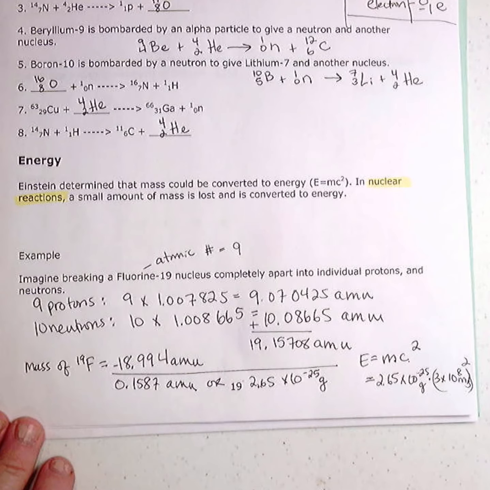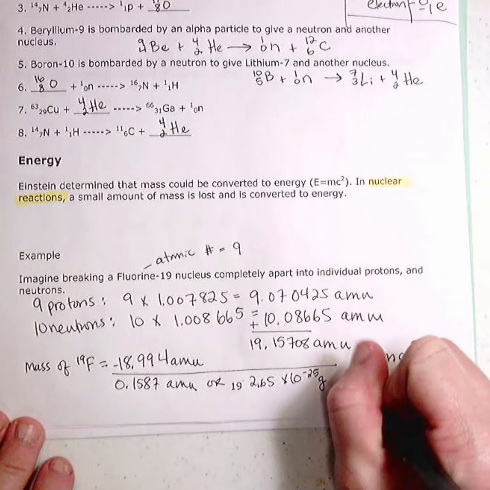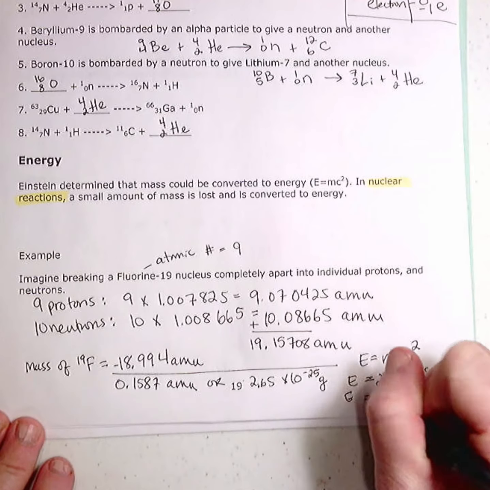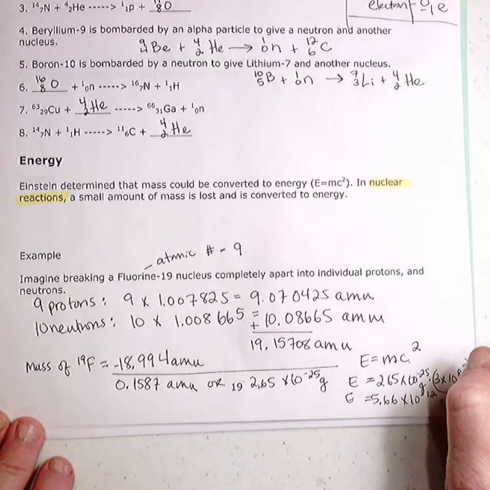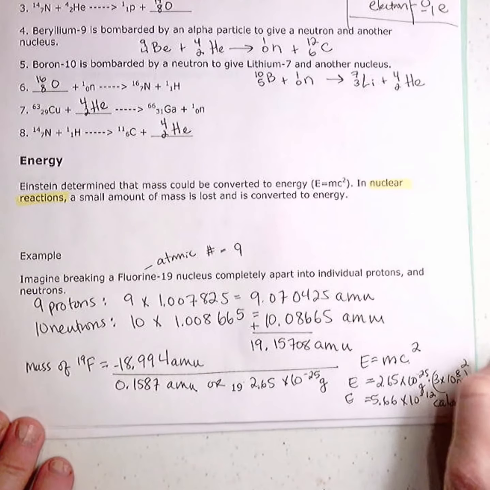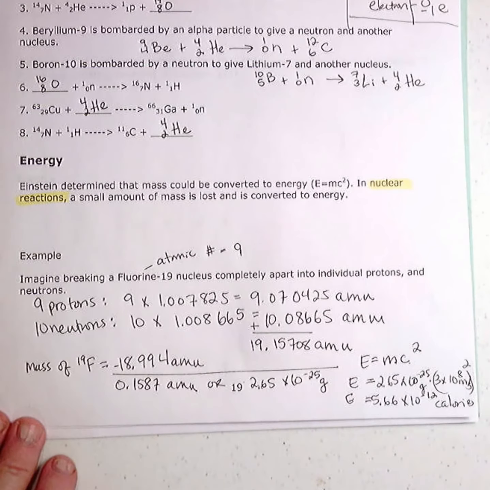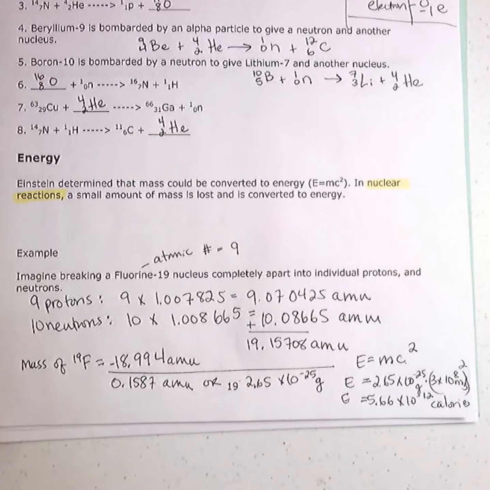So this would provide 5.66 times 10 to the negative 12th calories, and those are little calories. If you take this further out, a small amount of fluorine, about 19 grams, contains about 6.022 times 10 to the 23rd atoms.